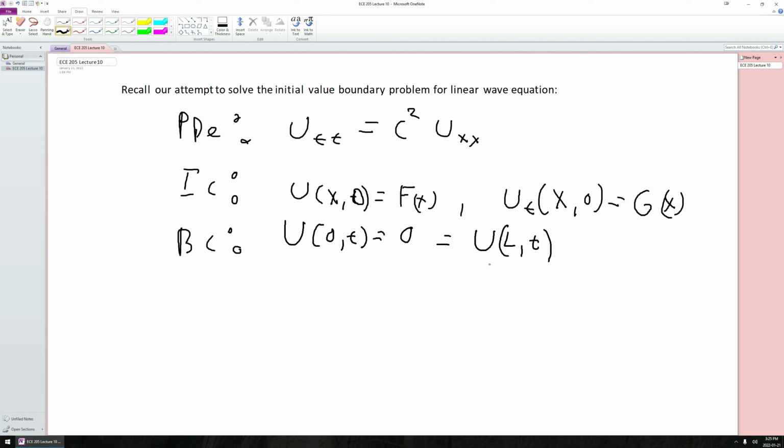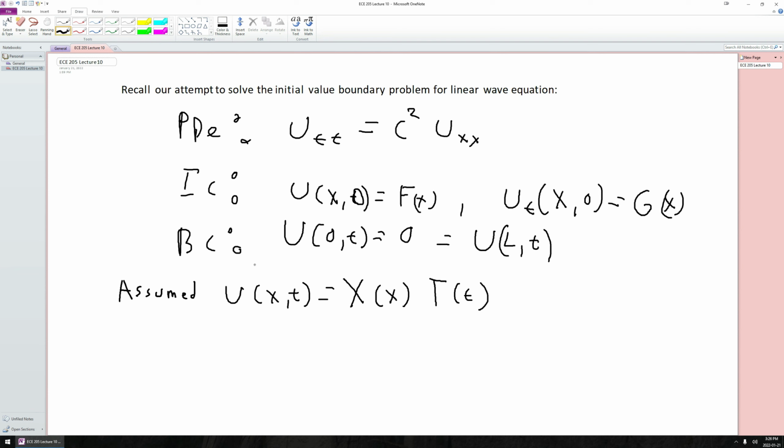Okay, so from here, previously, we assumed that our solution u of x comma t was separable. That is to say, we assumed that it could be written in this form here. Again, this is an assumption. I'm not guaranteed that this will work, but that's what we assumed.